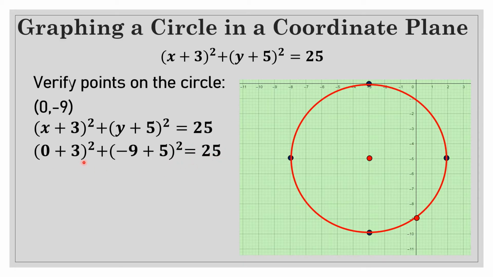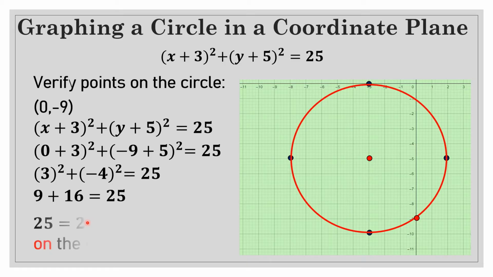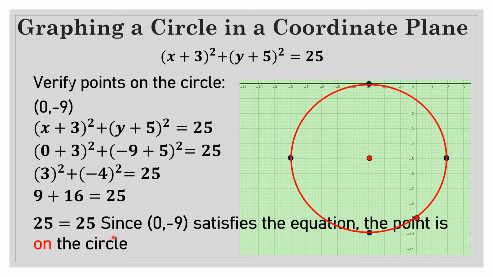Yung 0 plus 3 natin is 3. -9 plus 5 is -4. Then, copy natin yung 25. Simplify natin yung 3², that is 9. (-4)², that is 16. So, 9 plus 16, that is equal to 25. Since yung equation natin is true, it means yung (0, -9) is on the circle.